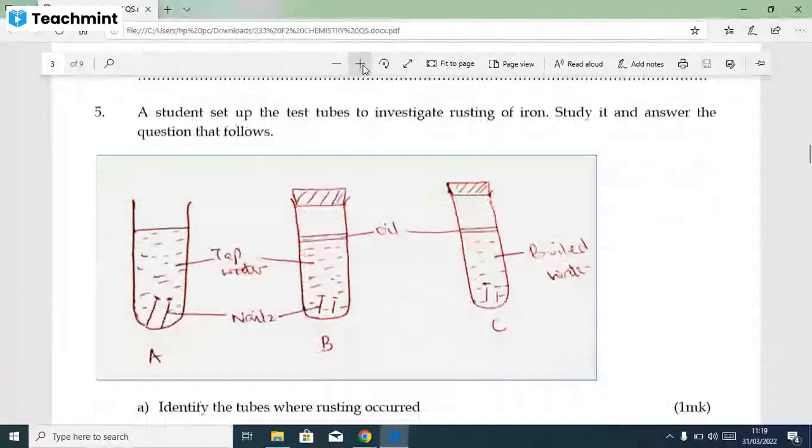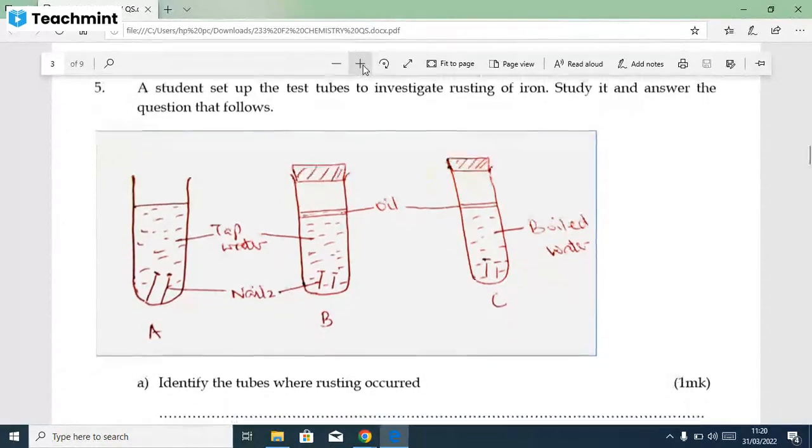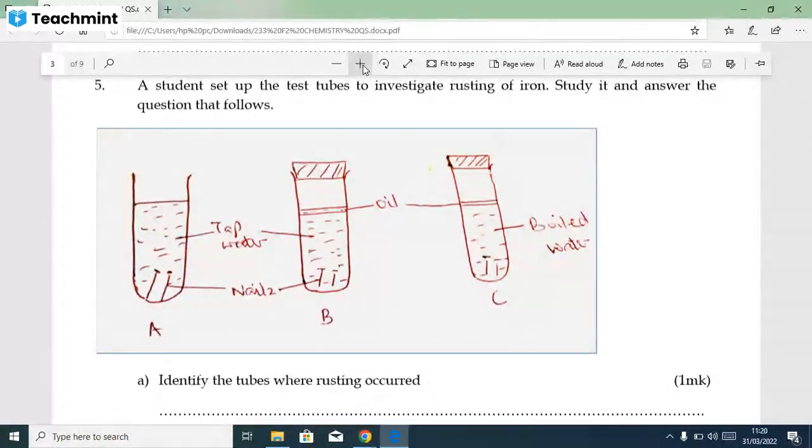Read number 5. A student set up the test tubes to investigate rusting of iron. Study it and answer the question that follows. You can see them. There is tap water, some nails in A. Part B, tap water, we have nails, we have oil.